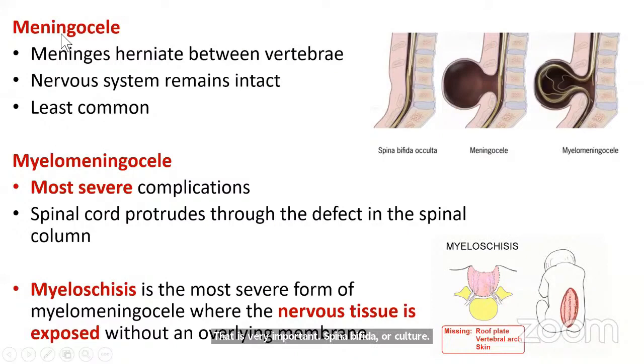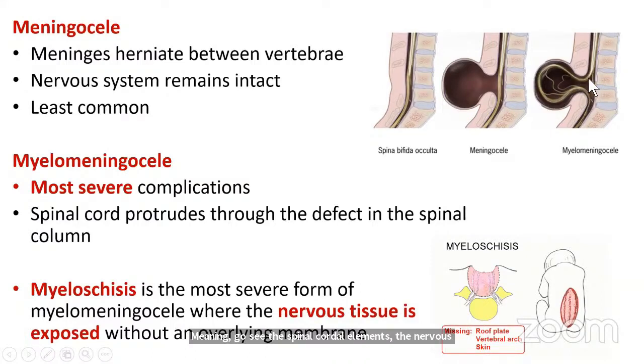Now the other two are meningocele and myelomeningocele. In meningocele, through the defect in the vertebra, the meninges herniate and the nervous system remains intact. It is not coming out, and this is least common. And what do you mean by myelomeningocele? The spinal cord elements, the nervous elements also come out.